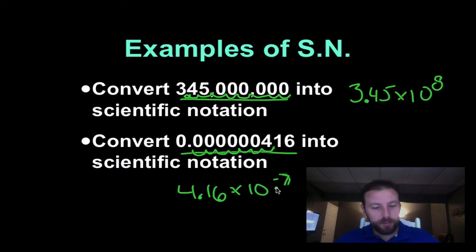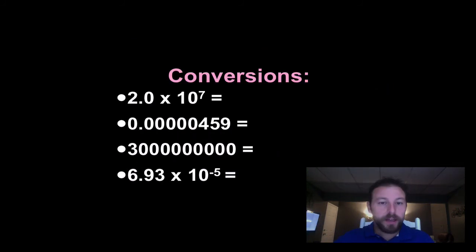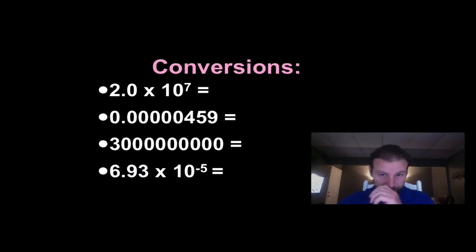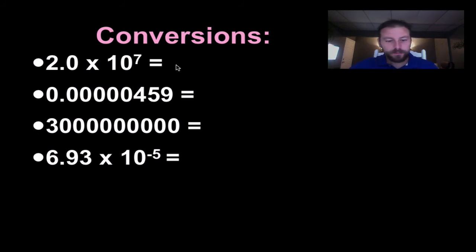Here's a couple more examples coming up. We're going to convert these numbers, so you can take a minute, look at the numbers, and we're going to go through converting them. Taking a look at the first one, it is 2.0 times 10 to the 7.